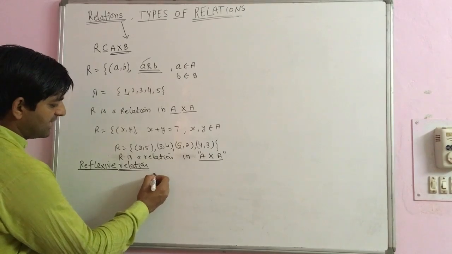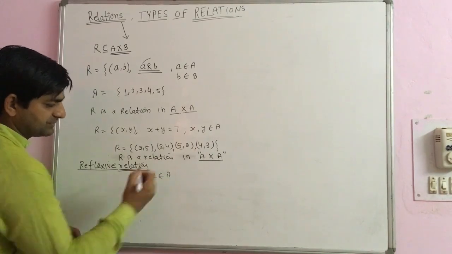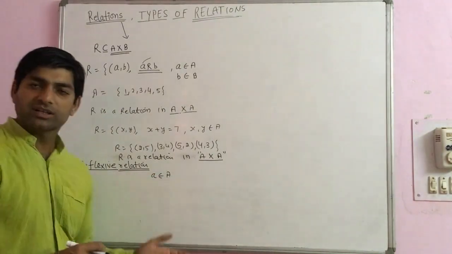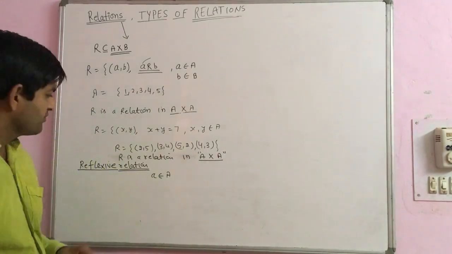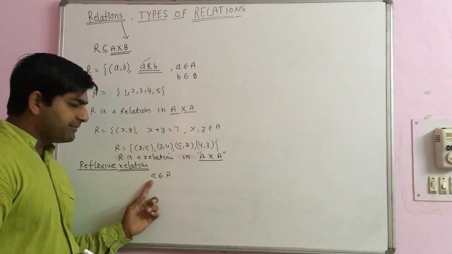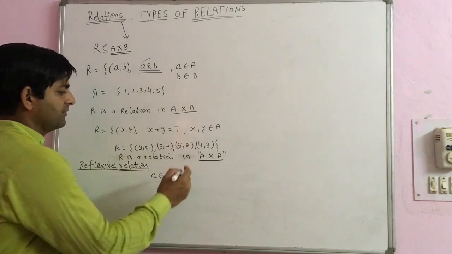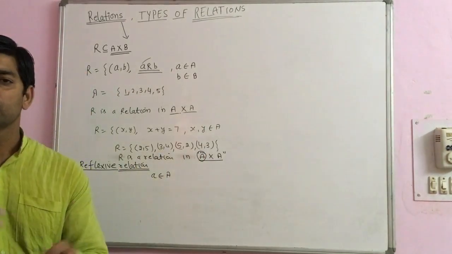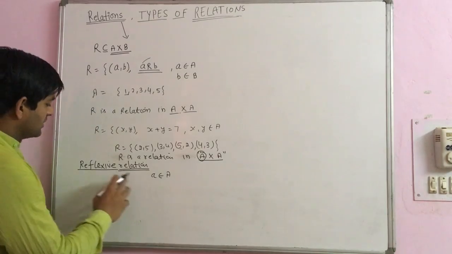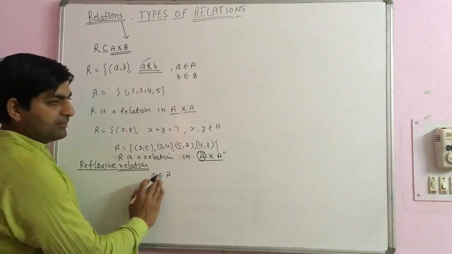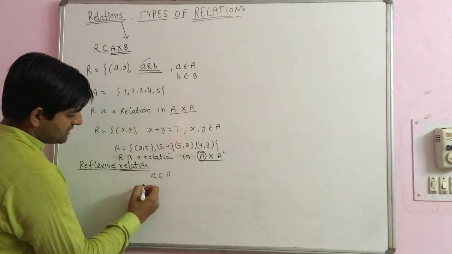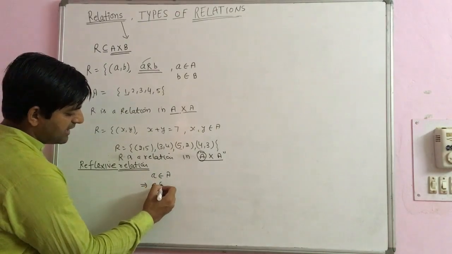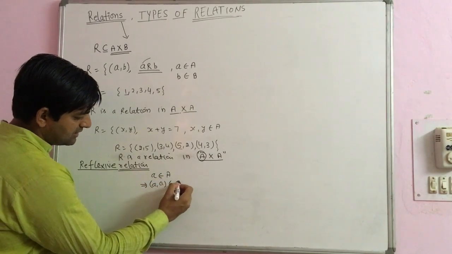This is basically the working rule when you attempt some questions. Let us take some element a from A. You need to take the element from the set which is given to you earlier. So reflexive relation is: a belongs to A implies (a, a) must be in R.